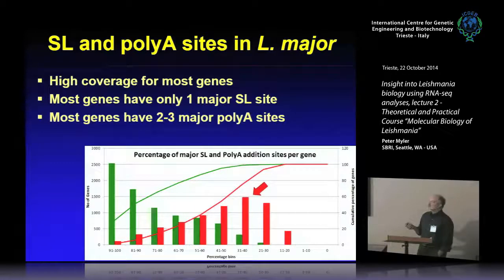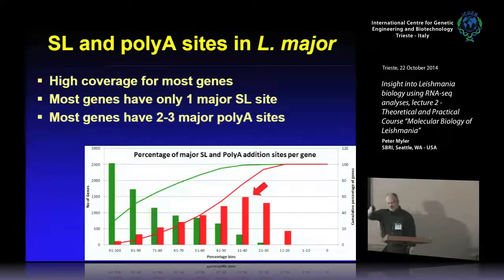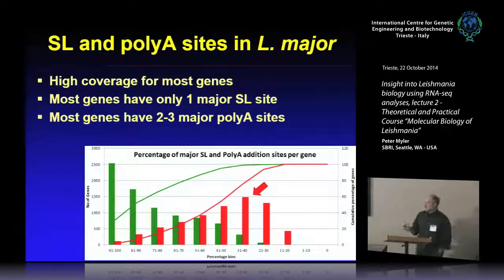You can contrast that to the polyA sites, where very few genes had a single polyA site. Almost all of the genes had 2 or 3 different polyA sites. And so splice leader addition is much more directed than polyA site addition.